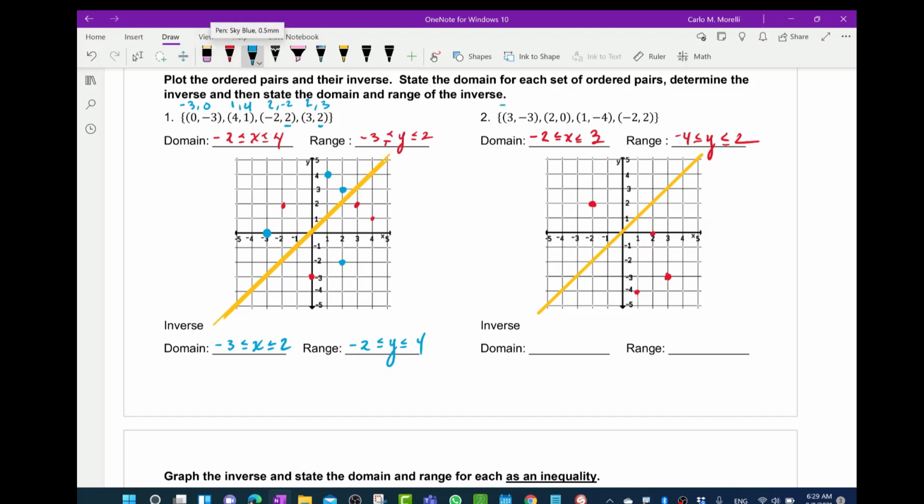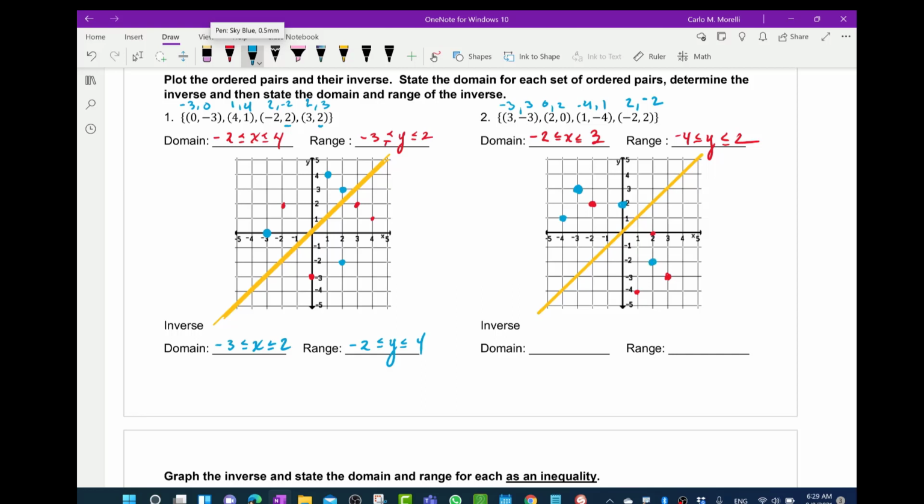You just switch them: negative 3, 3; 0, 2; negative 4, 1; 2, negative 2. So we'll plot those points, negative 3 comma 3 here, 0 comma 2 here, negative 4 comma 1 here, and then 2 comma negative 2 here.